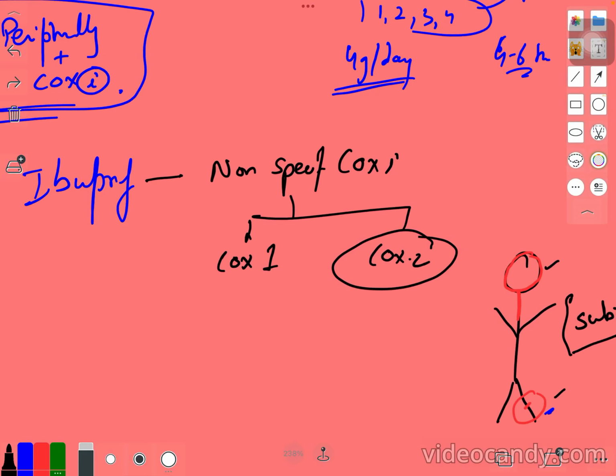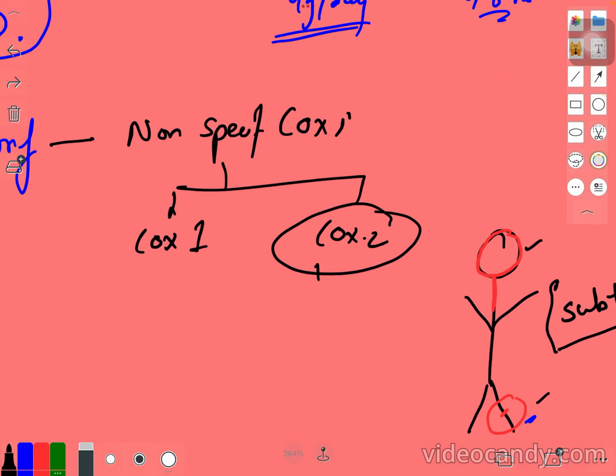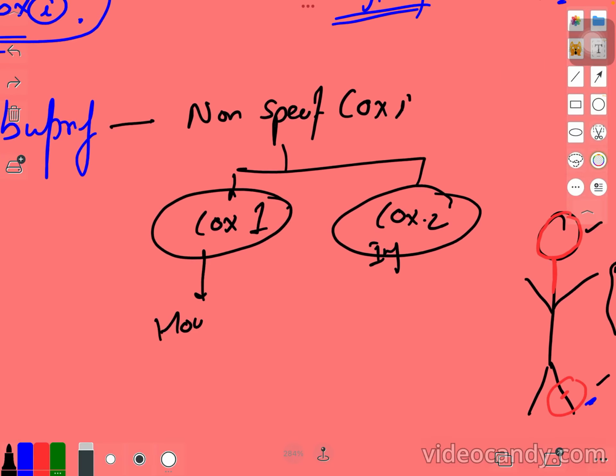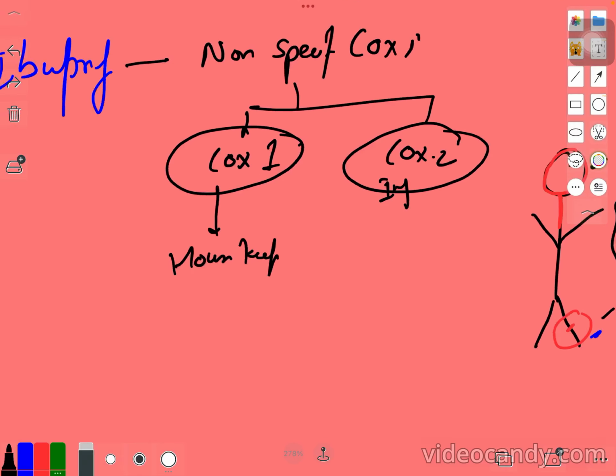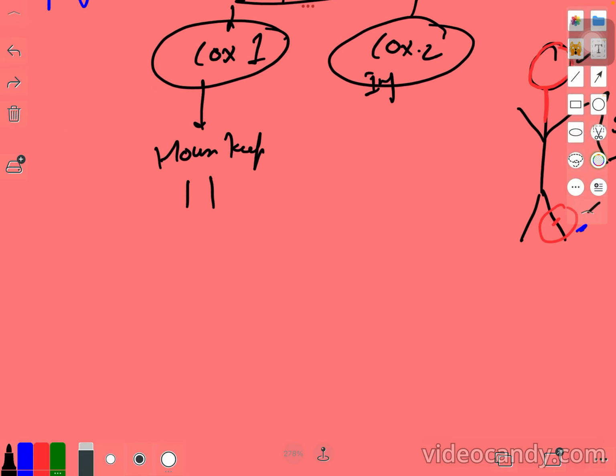COX2 was a little bit bad type. It was causing all the inflammation. The COX1, however, is a housekeeping one. And one important function in our body is the maintenance of the gastric mucosa, right? Which protects the stomach from HCl.